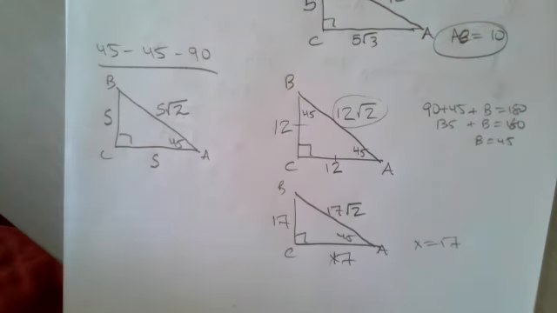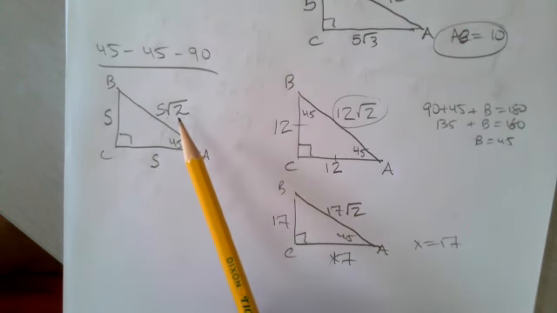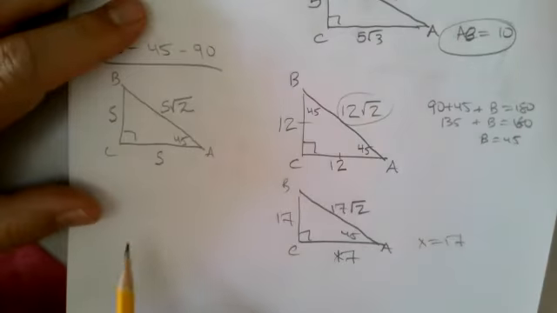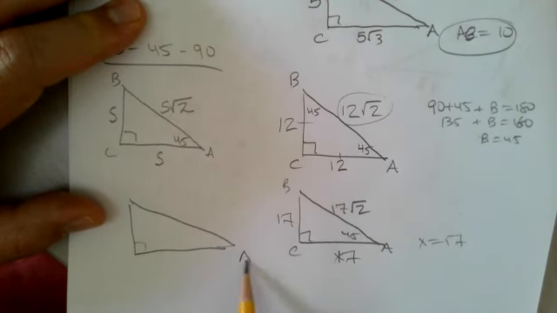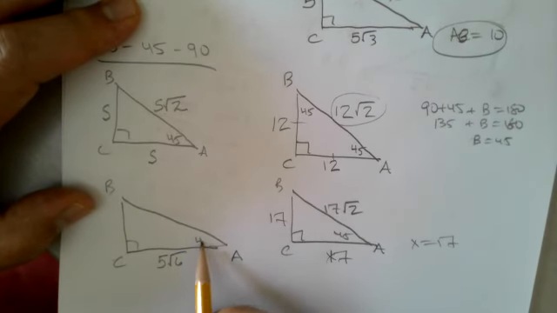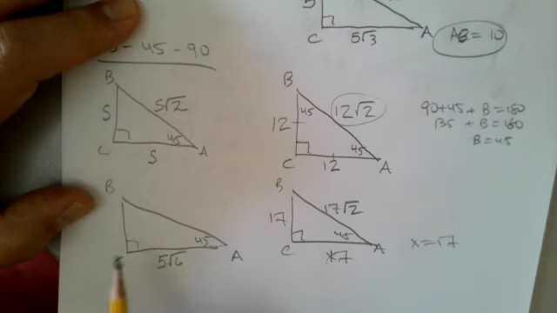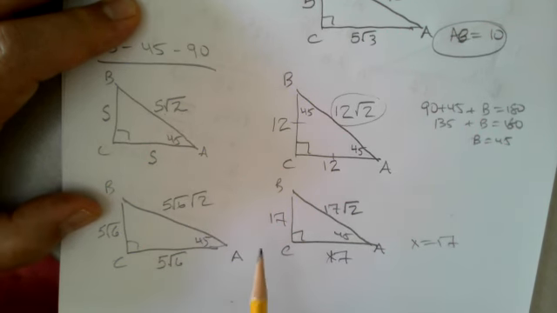Now, there are more challenging versions of this. For example, you can mathematically recognize that the way you go from S to S root 2 is by multiplying by root 2. So if you were ever given something like triangle ACB, and you knew that this was 5 root 6, this is the same, 5 root 6. And I know that this one up here would be that 5 root 6, that S, times root 2.